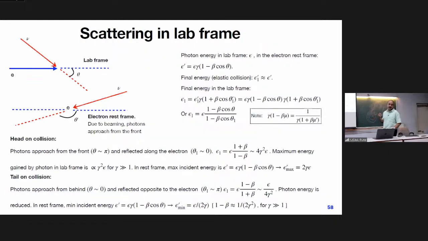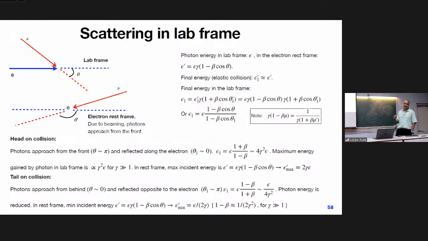All of this was being done in the electron rest frame. As soon as you do some frame transformation, you find that things become more interesting. So go to the lab frame, where the electron is moving with some velocity. Now if the electron has high velocities, relativistic velocities, then it becomes more interesting. You have the photon coming in here and then they scatter off.